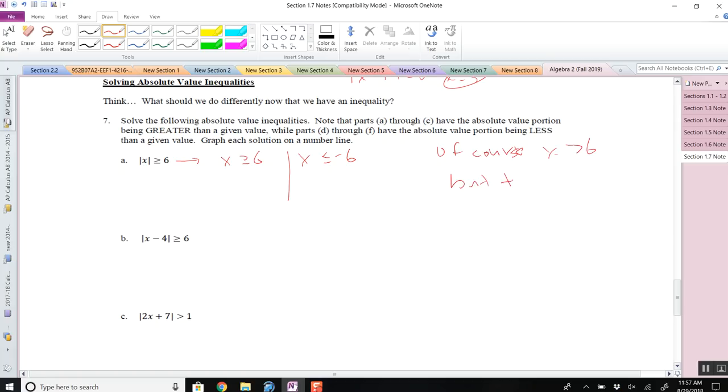But that's not the whole story. There's more that can happen. What else could happen is that x is less than -6. Actually, we're going to say greater than or equal to, less than or equal to.